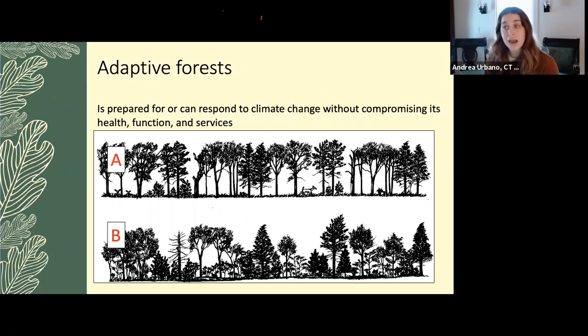We can talk about this more on Saturday, but I will just give you the answer: it is B. Why? Because there is greater species diversity and greater structural diversity. So the arrangement, spacing, and size of the trees comprising this forest is more diverse or complex in B than it is in A. I'd just like to briefly draw your attention to the fact that the forest in A has at least three, maybe more, deer browsing that very open understory that lacks regeneration.